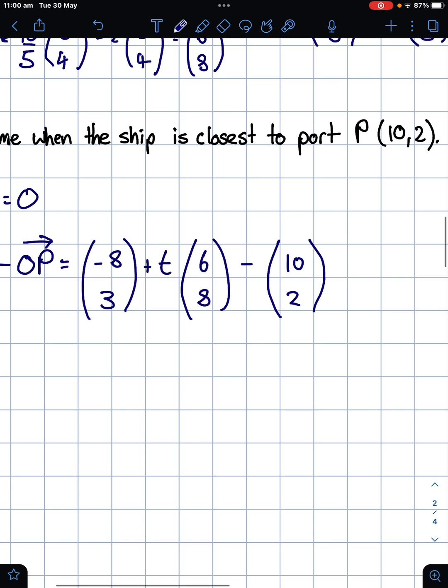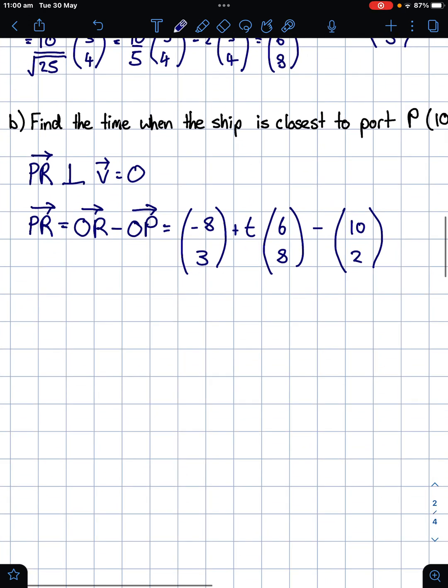Okay, so this vector here is going to give us PR, so then we can find the dot product. So I'm just going to write this out as -8 take 10 plus 6t. I moved the constants first, but realistically we're just doing vector addition here.